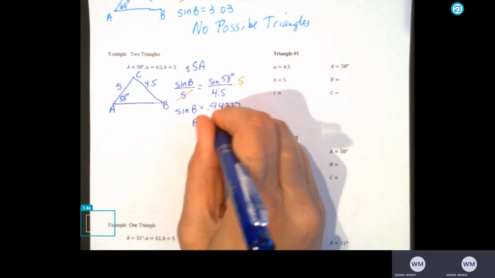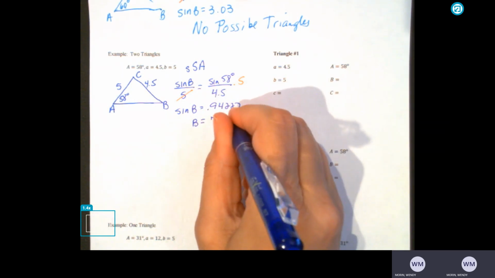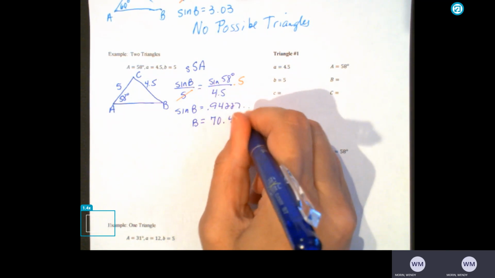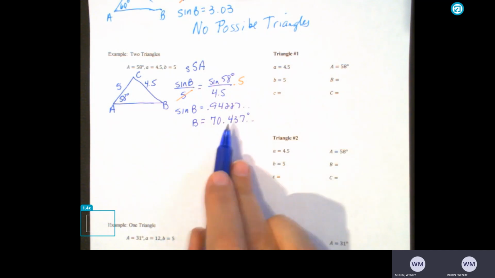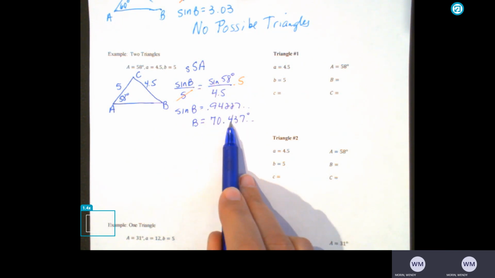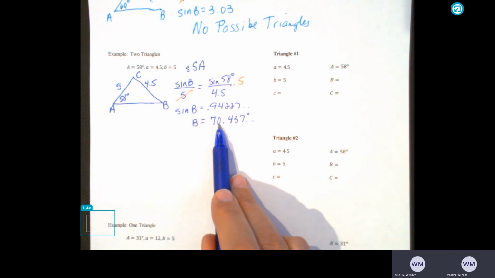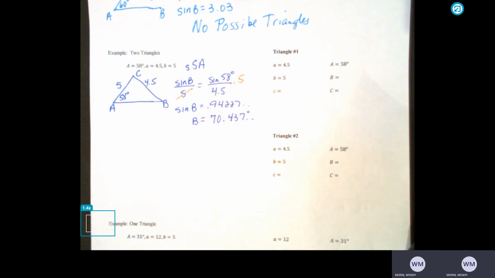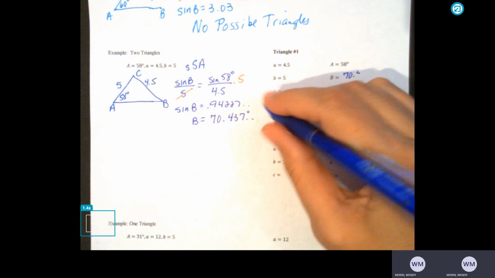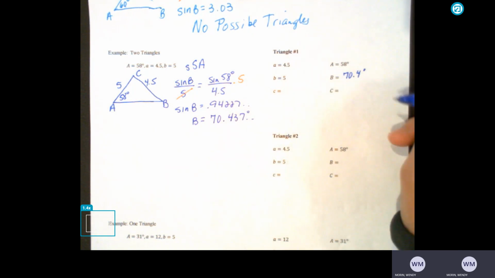I did angle B equals 70.437 degrees. I'm going to keep this in my calculator and use it later because I don't want to round to the 10th. If I use this to the 10th in my work, then I'm only going to be accurate to this number right here. So you have to be careful. Use your calculator wisely. Okay, so angle B is 70.4 degrees.